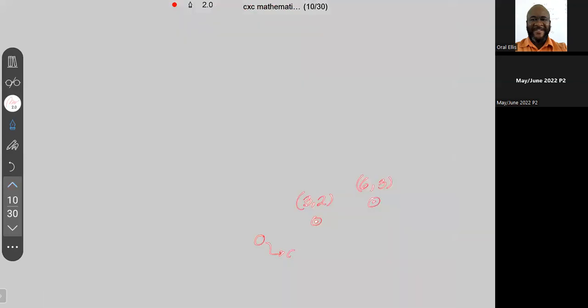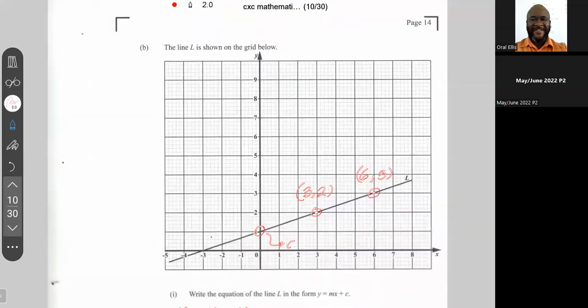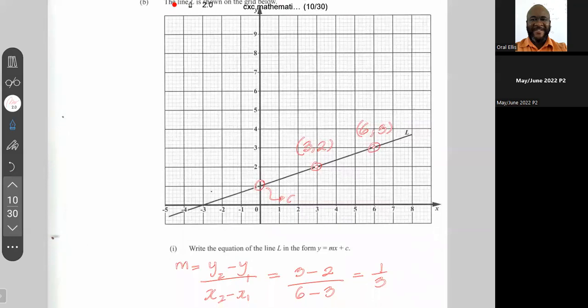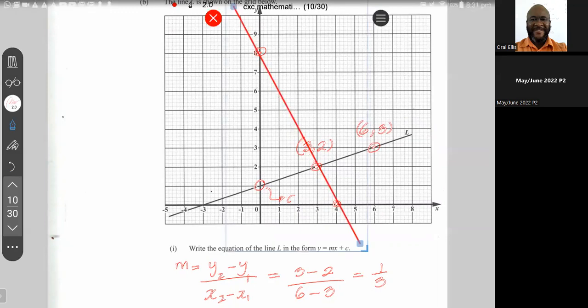Going back to the page before, my line crosses 0, 8, which is all the way up here, and 4, 0, which is here. All right. Then I draw a straight line through those 2 points. All right, let's just tweak it a little.